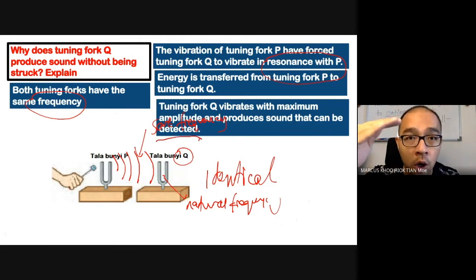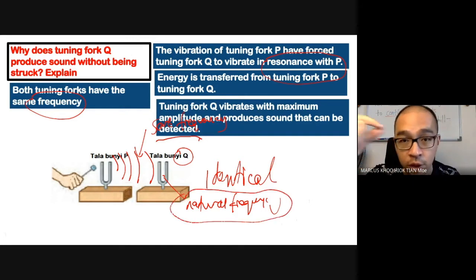Notice the order of things. When resonance happens, maximum amplitude vibration happens. How does resonance happen? When something that is not vibrating is forced to vibrate at its natural frequency.